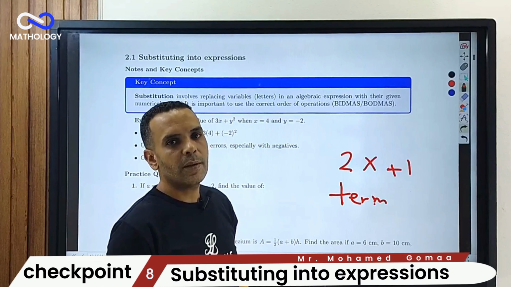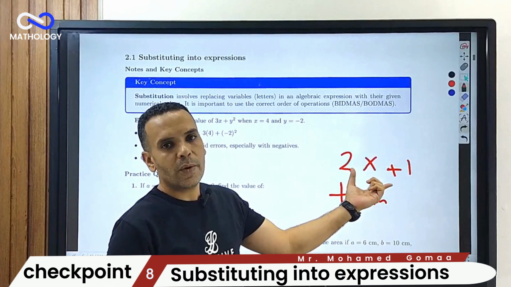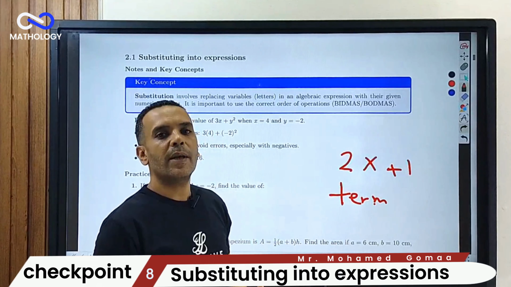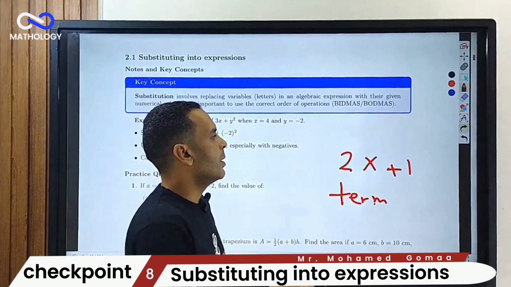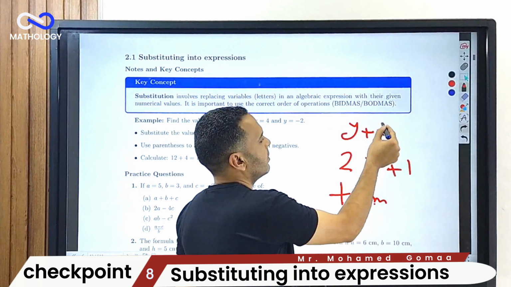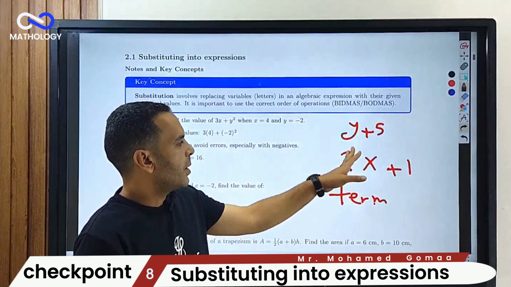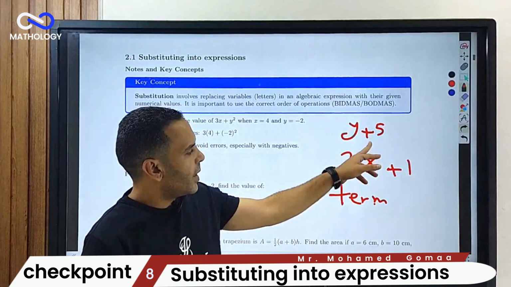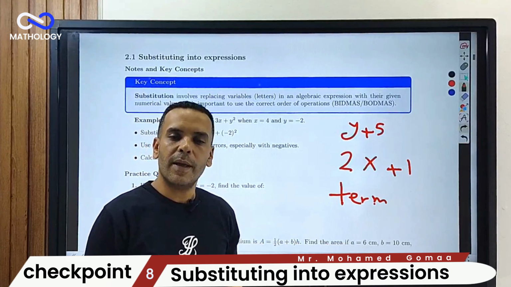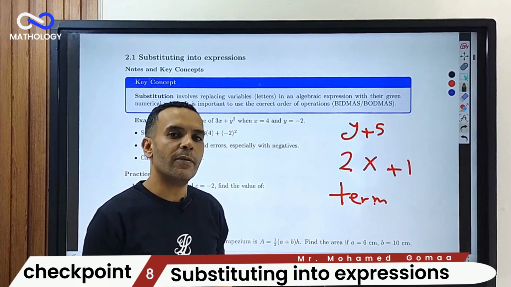Like y plus 5, an algebraic expression. You have to see a plus sign or minus sign, adding or subtracting of two or more algebraic terms.